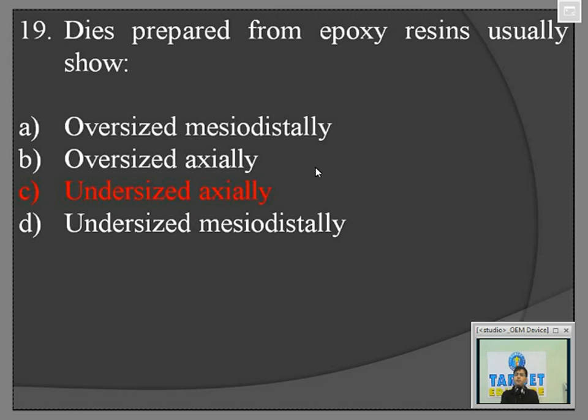So the dyes formed from epoxy resin would be undersized and the shrinkage occurs more in the axial direction. That is why the dyes made of epoxy resins are undersized axially.